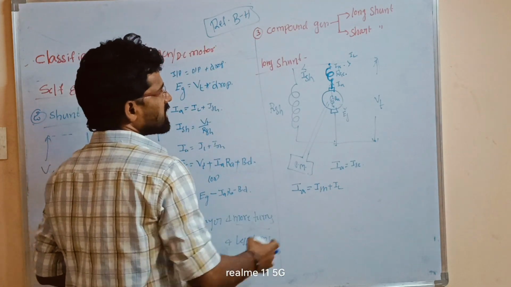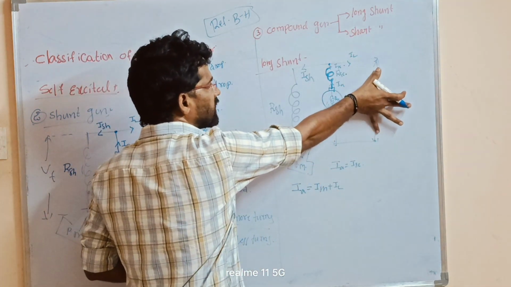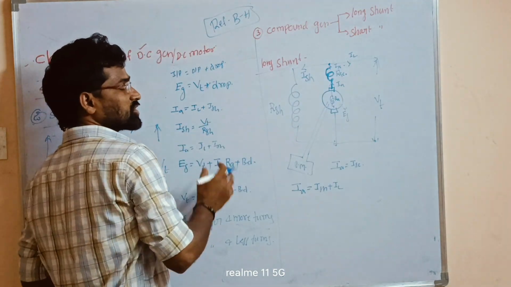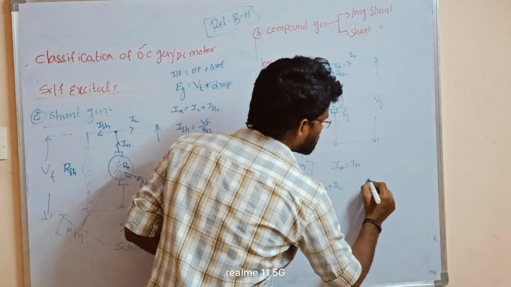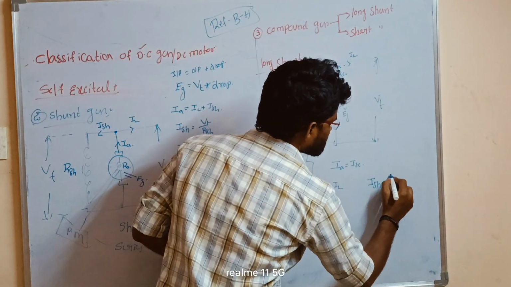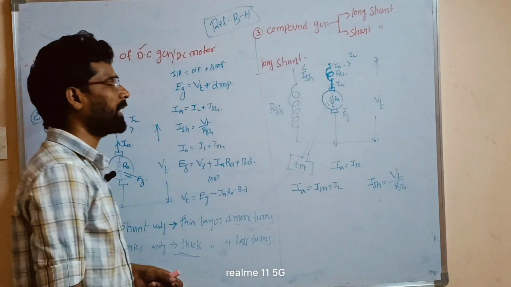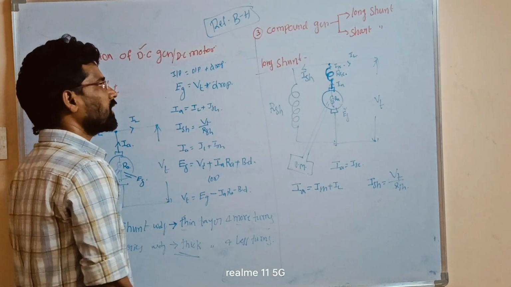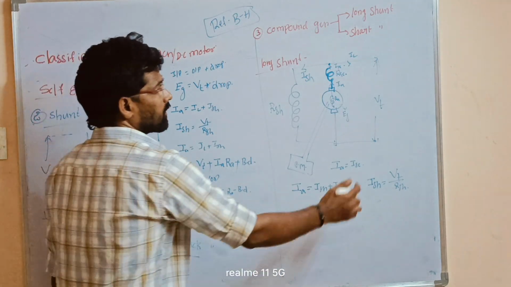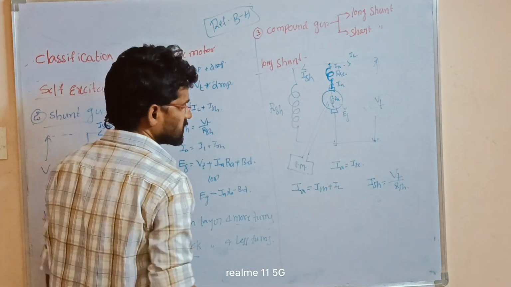So what is ISH? The shunt field resistance is in parallel with the voltage, so we can write ISH is equal to VT by RSH. Now we can finally write the terminal voltage equation.